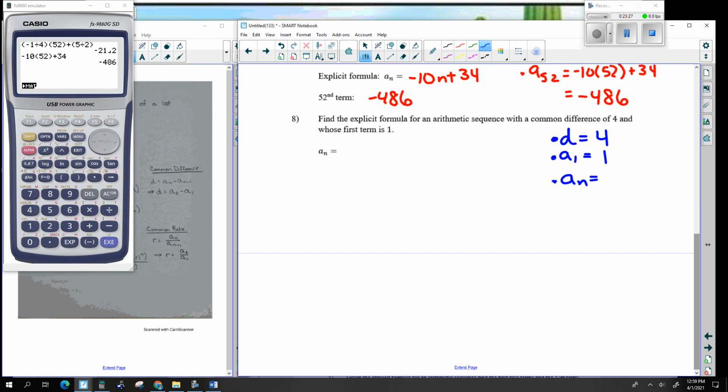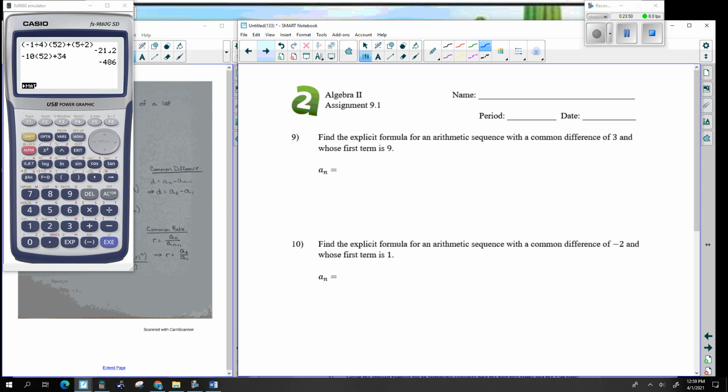So AN is equal to the difference, n plus 1 minus 4, which is -3. 1 minus 4 is -3. Sorry. 9 minus 3 is 6.